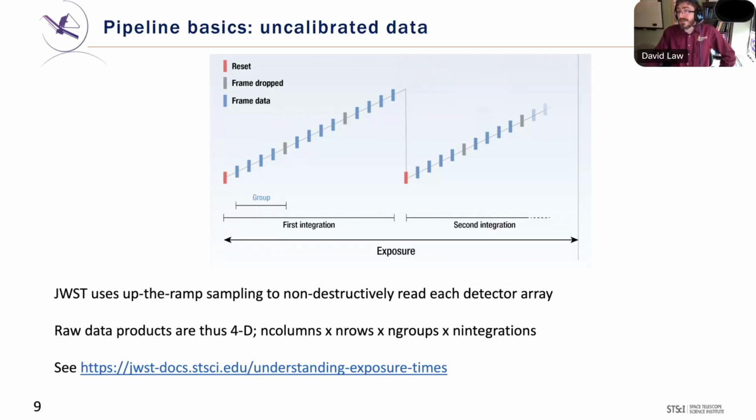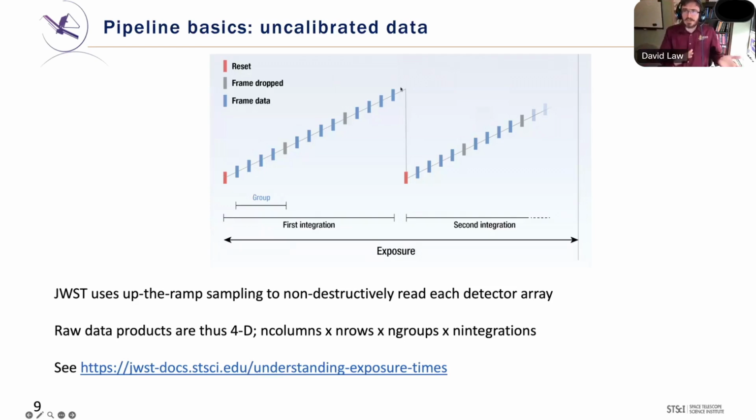There isn't all that much signal from your object there. And then you read it multiple times until you reach some higher part on the ramp. Say you've been integrating for 5 minutes or so, reading every 20 seconds. That gives you a good sampling of the data that you can use to reconstruct what the scene itself actually looks like. And then you can take multiple of those ramps.